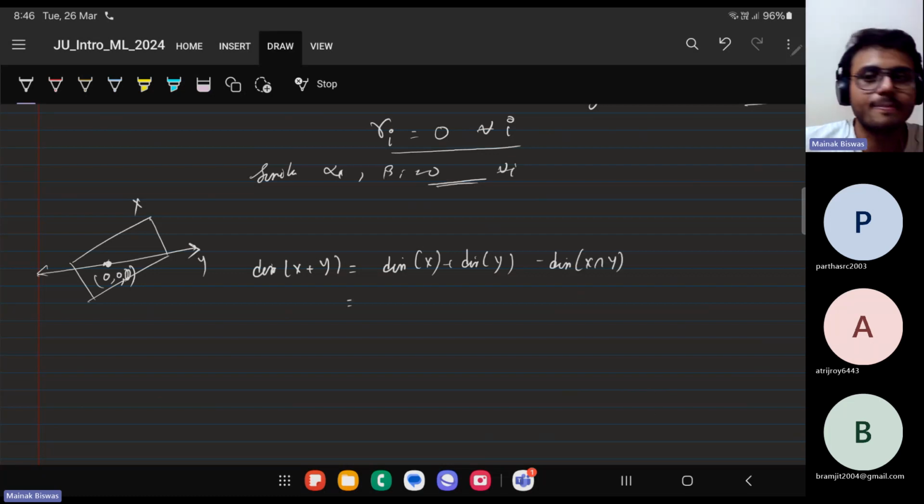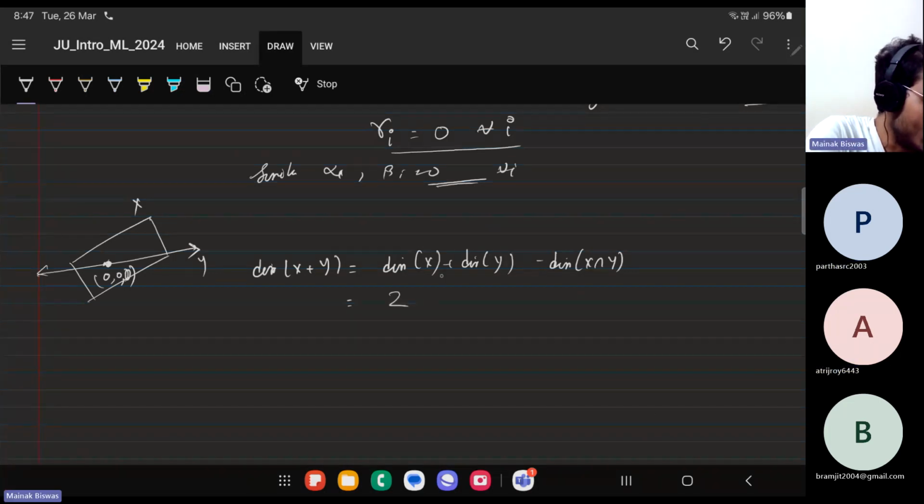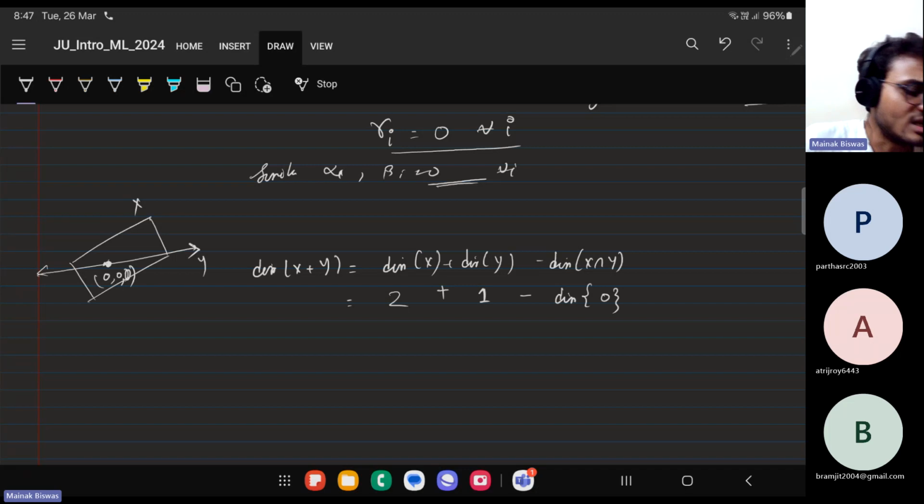What is the dimension of x? 2. What is the dimension of y? 1. What is the dimension of x intersection y?